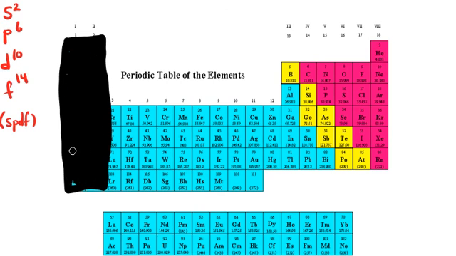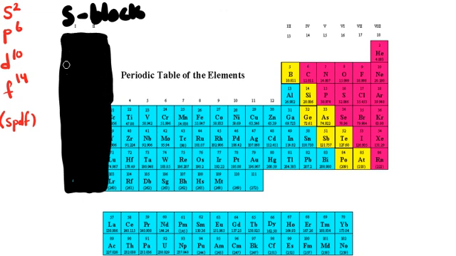These two columns, we call the S block. So two columns on the left side of the periodic table, the tall or longest columns, we call the S block. So whenever you are going to memorize S, you may say 2.